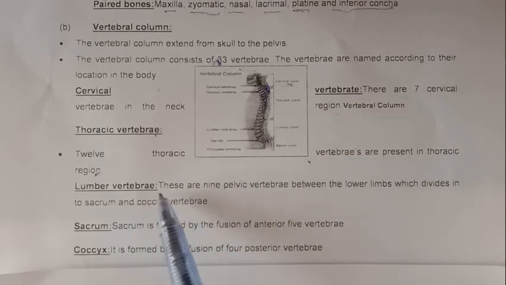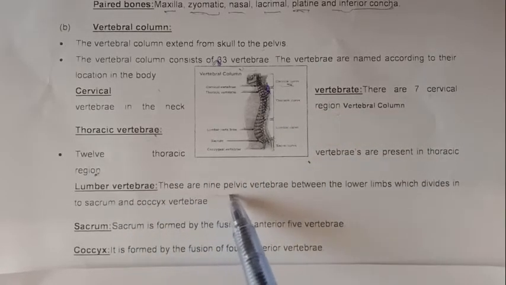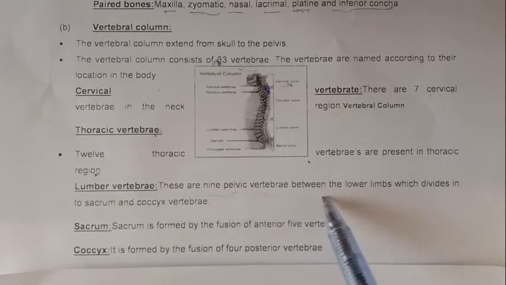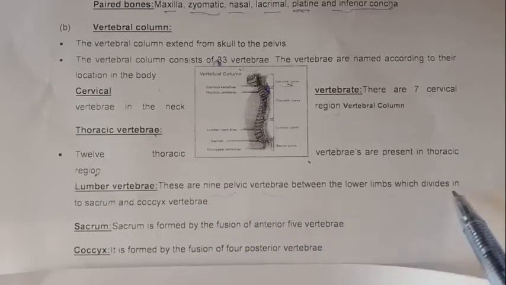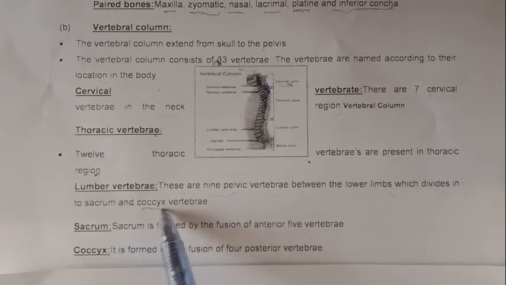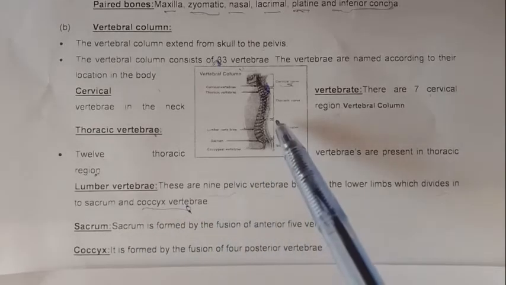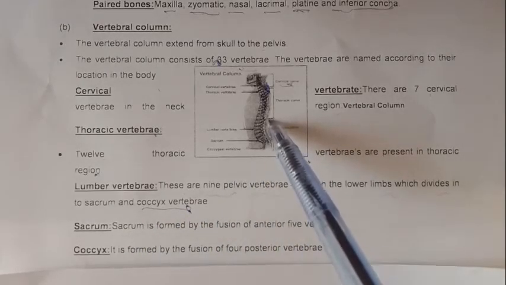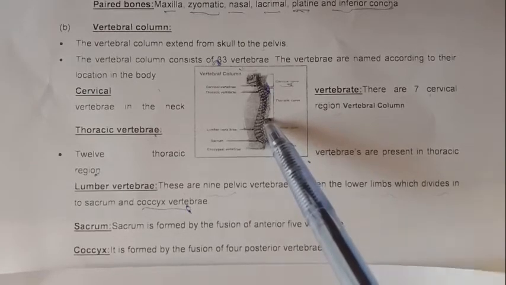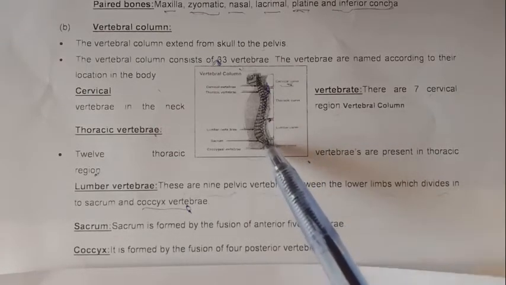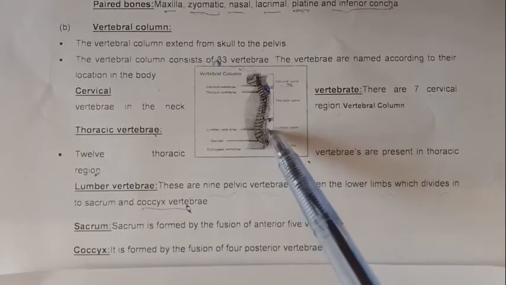Then lumbar vertebrae. Below the thoracic region, extending to the pelvis, there are a total of 9 vertebrae, which are divided into two groups: the sacrum and coccyx.